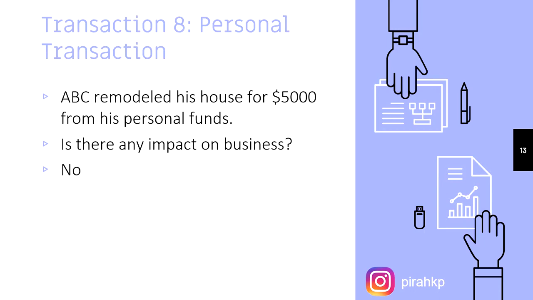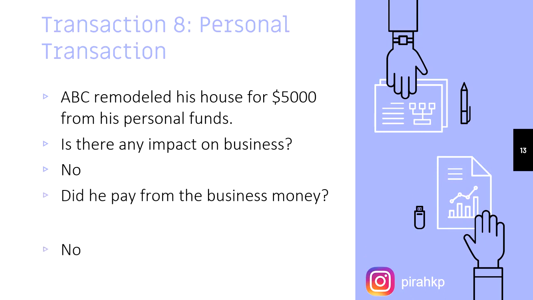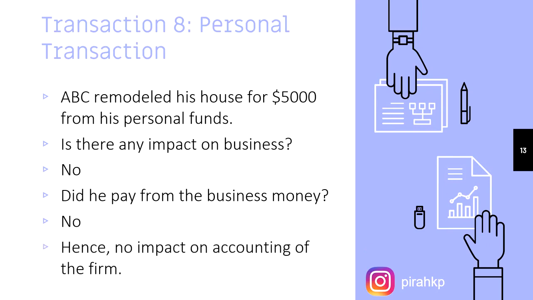So there is no impact on business. Did he pay from the business money? No. Hence, no impact on accounting of the firm. There is no transaction for this. We don't have to subtract or add anything because the guy paid for it from his personal funds and it's not on business. He hasn't remodeled business, he remodeled his house.